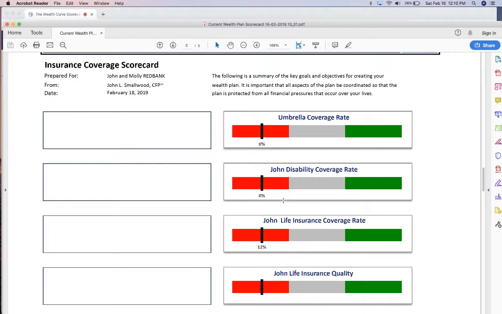The house will protect the liability that's stemming from your house. The umbrella blankets over the house and the car and gives you higher limits of liability, but also covers things that are not related to a house or to a car related incident.